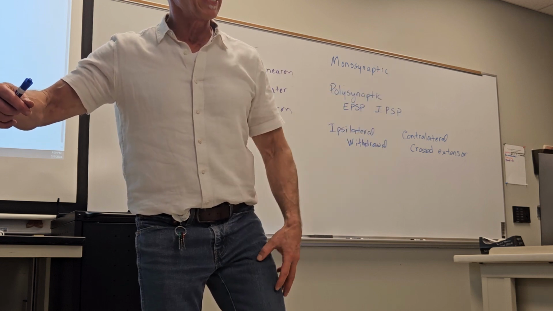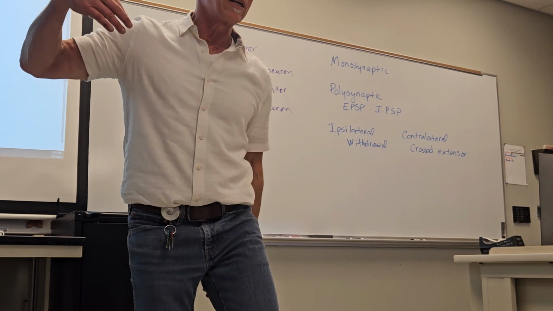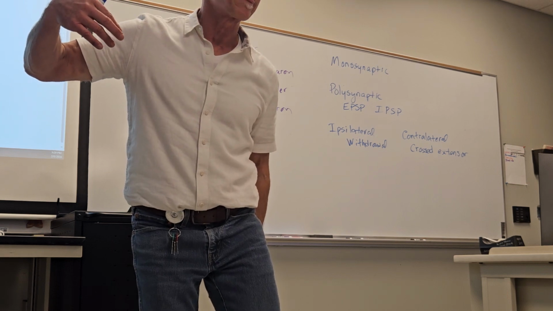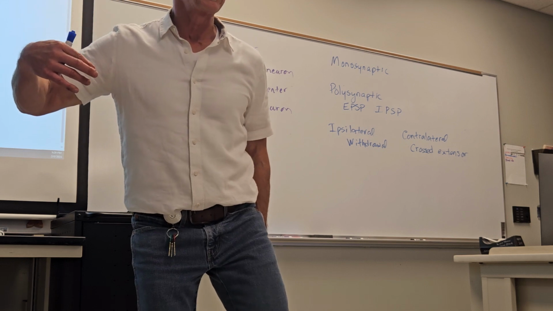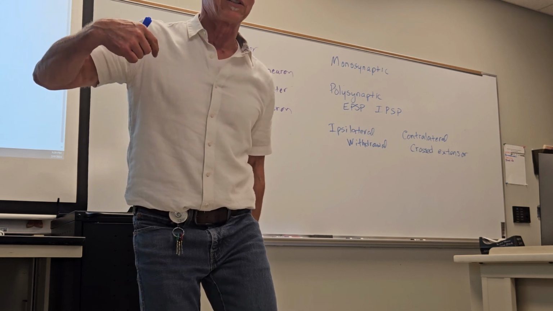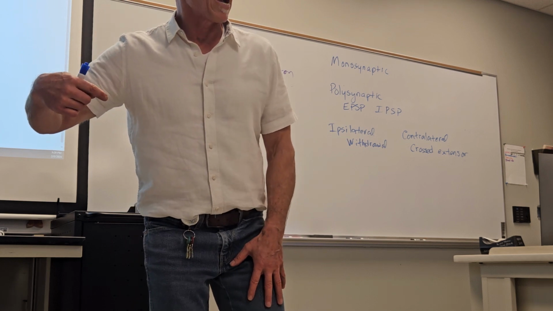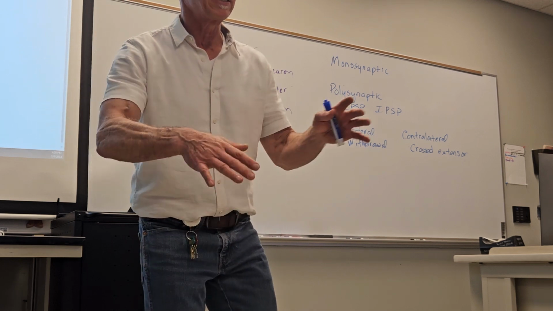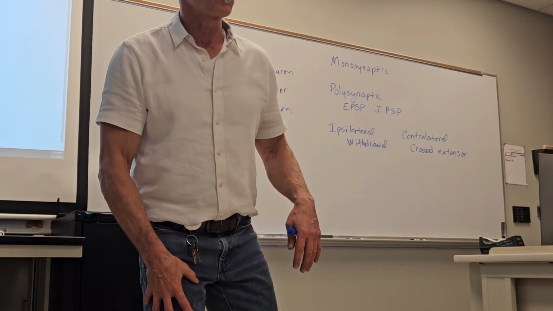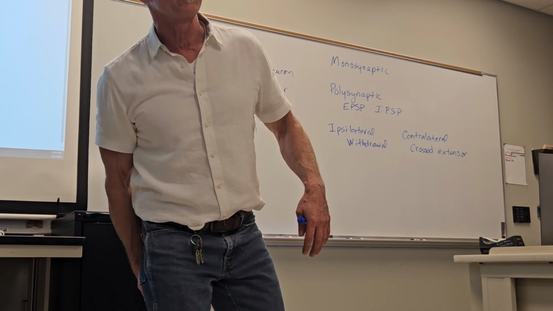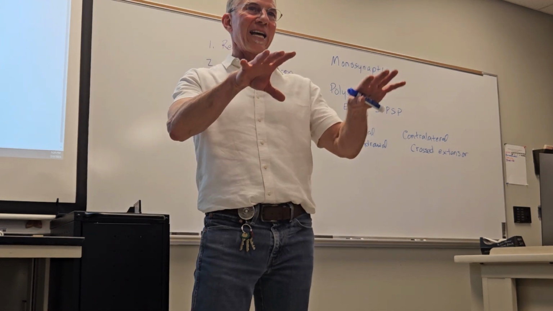What kind of command did I send to my hammies? Inhibitory. I had to flex, right? So excitatory, because I had to use my hamstrings to flex at the knee. And then what did I have to tell my quads to do? Relax. So that's inhibitory. What am I telling quads on this side to do? Excitatory, because they got to hold my body up. What am I sending to these hammies? That's your inhibitory. You guys getting that now?